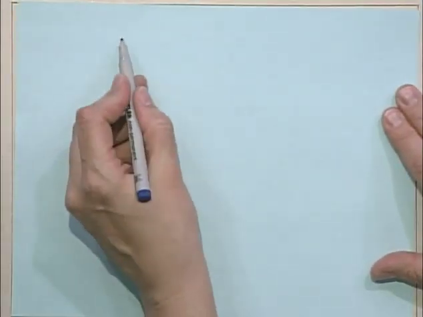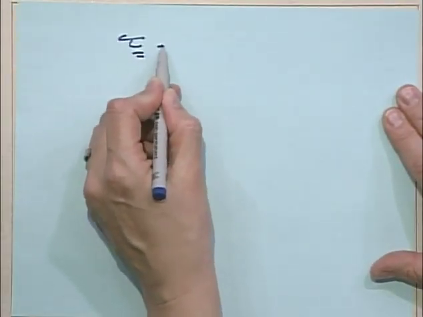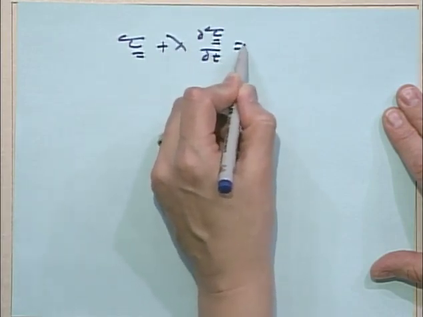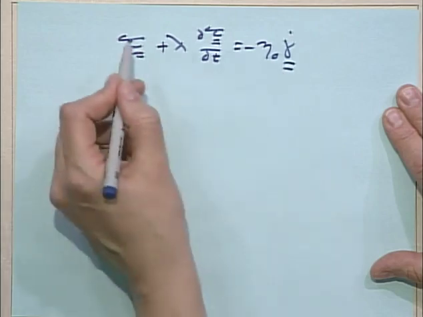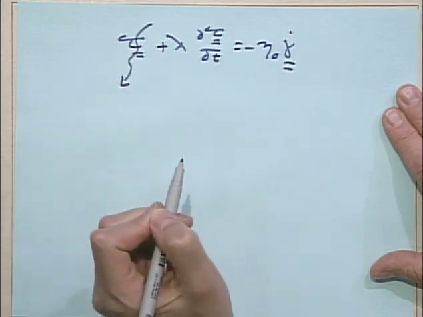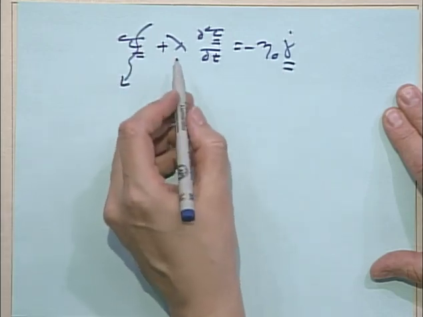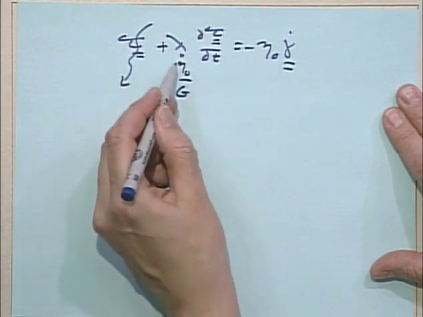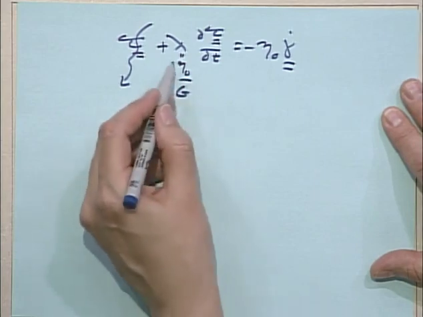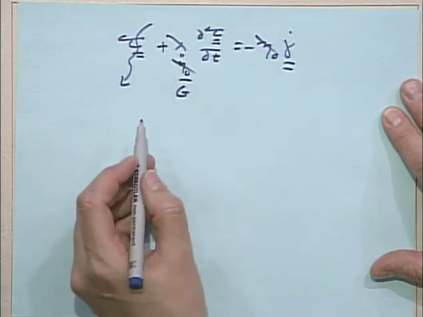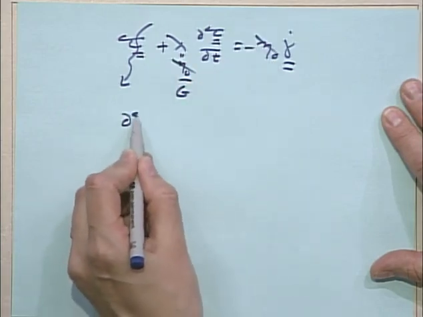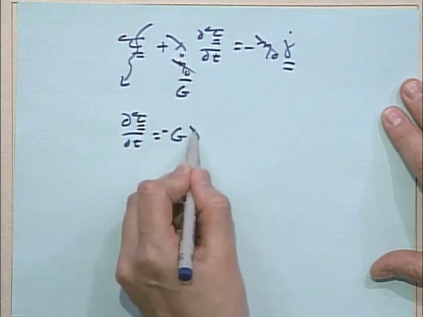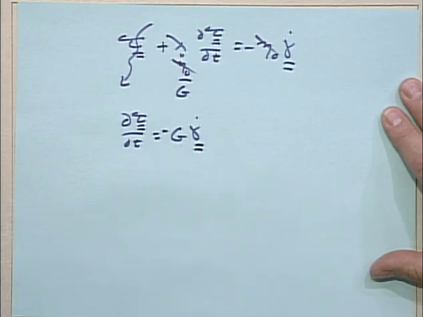So we get tau plus lambda d tau dt equals minus eta naught gamma dot naught, and we're going to neglect this term. And I'm going to put this back in as eta naught over g, so I can cancel the eta naughts. And I get d tau dt is equal to minus g gamma dot naught.